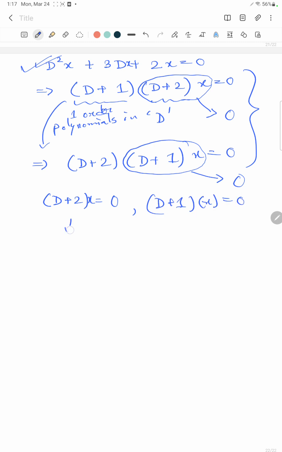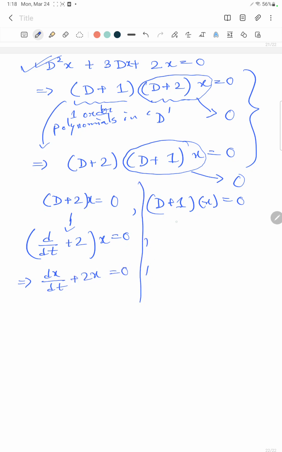So now you can say, what is this? Now this is very easy. D is d by dt, so (d by dt plus 2) operating on x is 0. That means dx by dt plus 2x equal to 0. Similarly, this is (d by dt plus 1) operating on x is 0, and that means dx by dt plus x equal to 0.